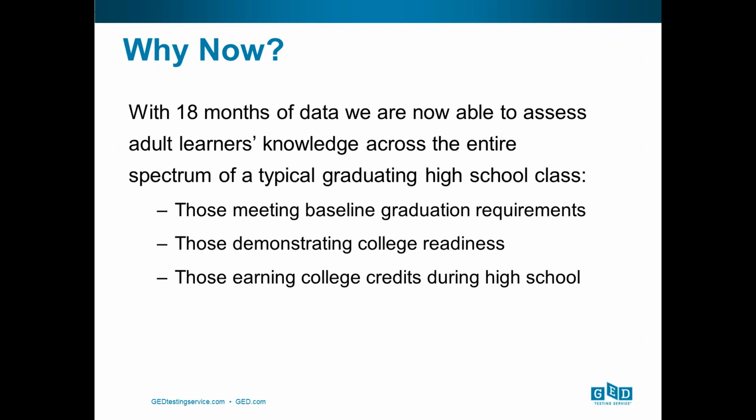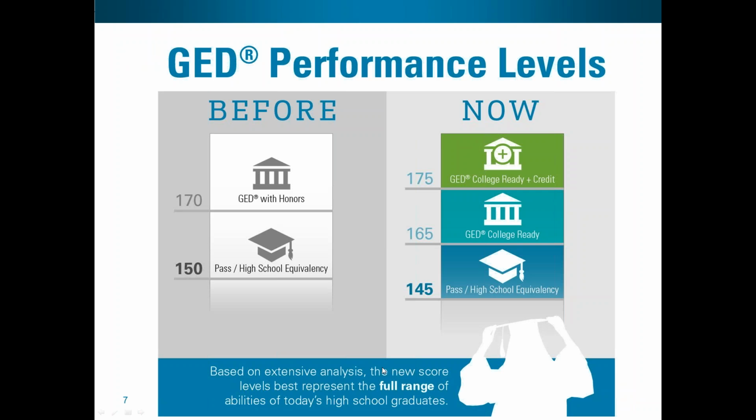There are others that are distinctly above that, but maybe not yet at career and college ready. Some students are clearly demonstrating that they do have college readiness skills, and there are still others that are co-enrolled and earning college credit while in high school. So there's a wide spectrum of ability levels represented in today's typical high school.